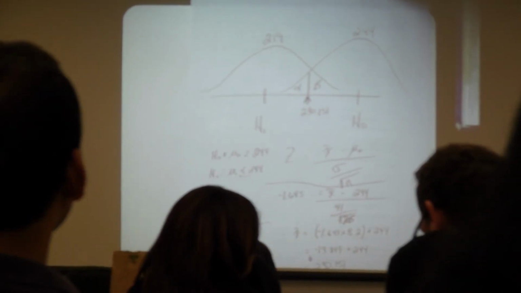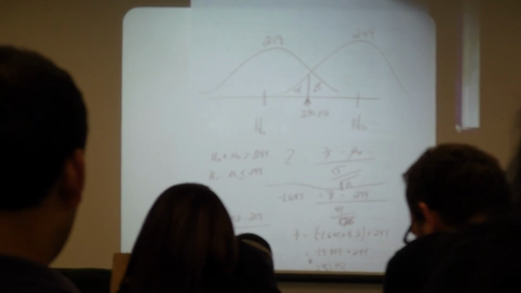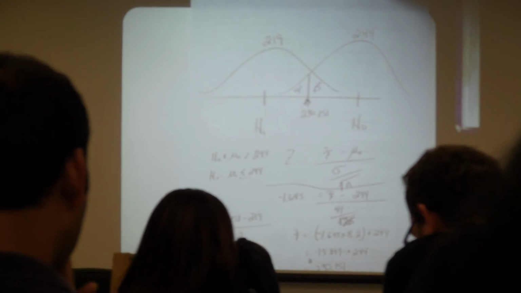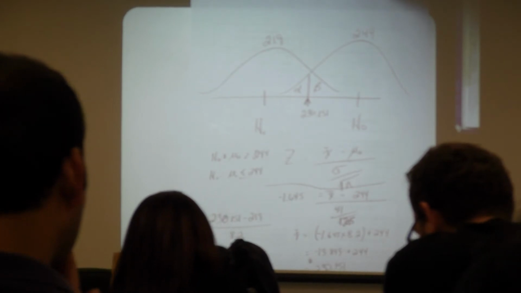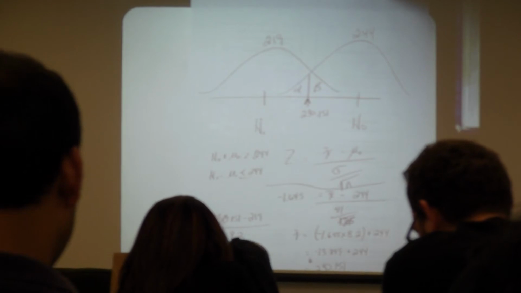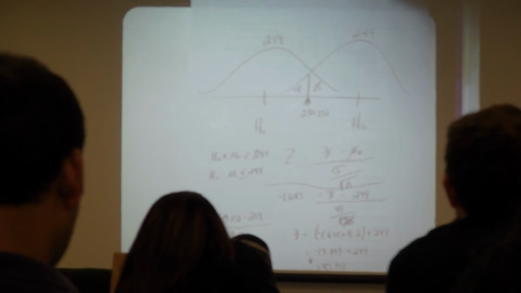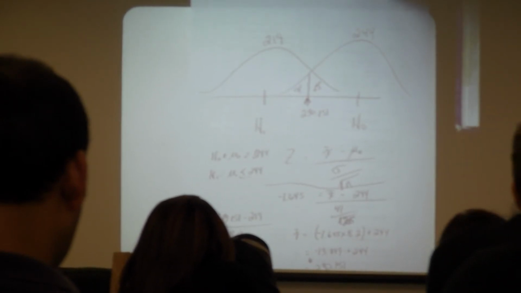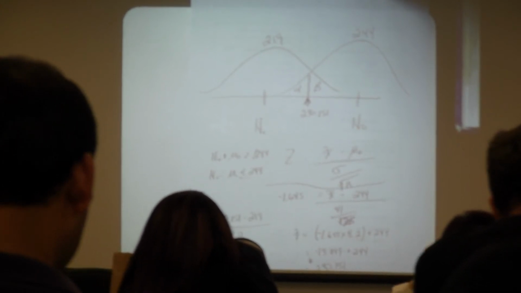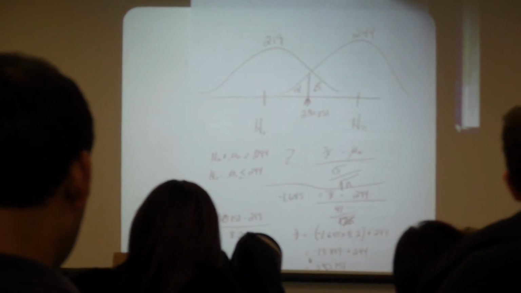So I just put 8.2 there because that's going to be the exact same thing as 41 over the square root of 25. So we get 1.3598.